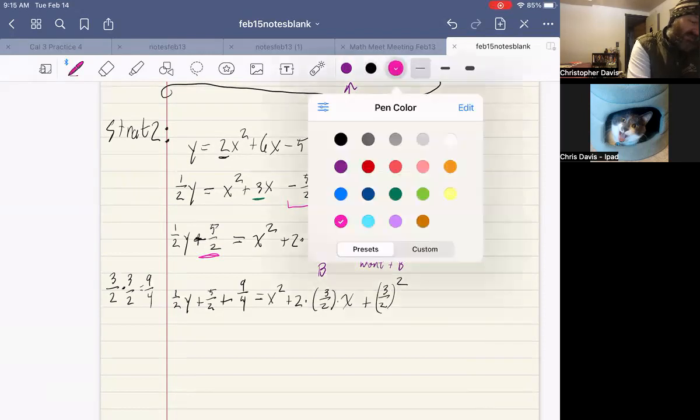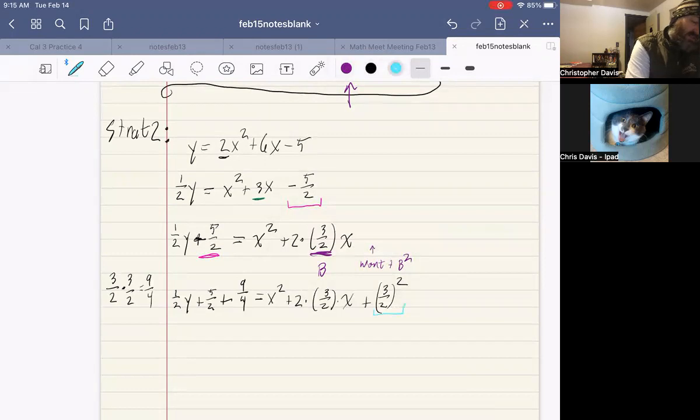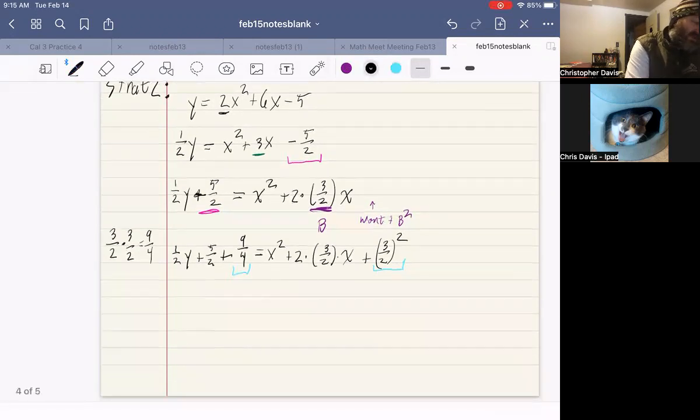And again, the thing to note is this is equal to that. I added the same thing to both sides. All right, so 1/2 y plus, let's combine these two terms together, 10/4 plus 9/4 equals x plus 3/2 quantity squared.